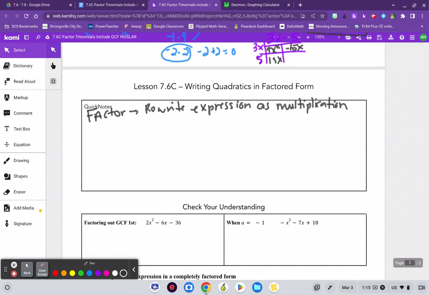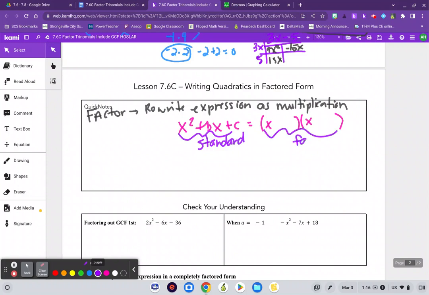Okay. And so what that means is that if I have x squared plus bx plus c, that's going to equal my factored form. Okay. And so remember that this is standard form. And this is factored form or intercept form.